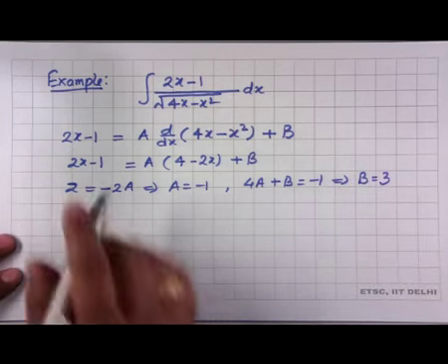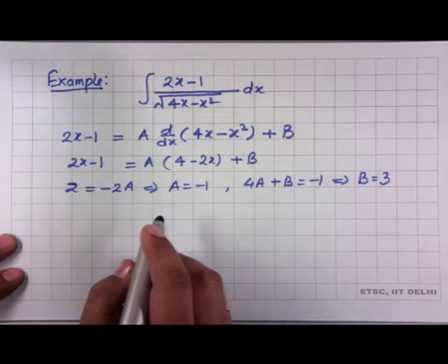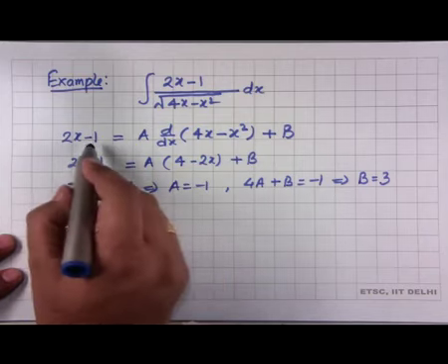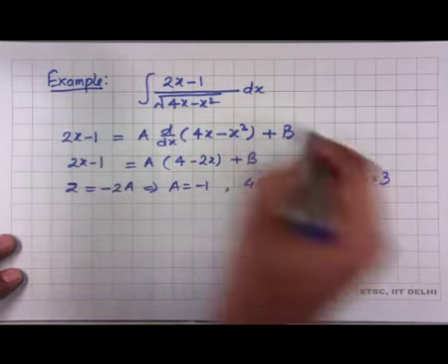Once we have the values of a and b, we replace 2x minus 1 by this expression in the integral.